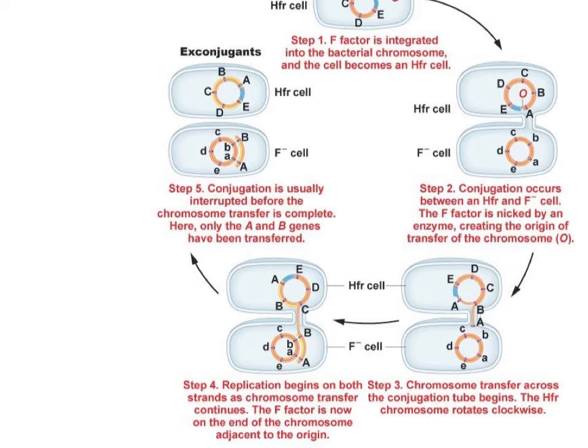And it turns out that these cells, in this particular illustrated instance, are connected long enough for all of gene A, all of gene B, and not much more to make it through.